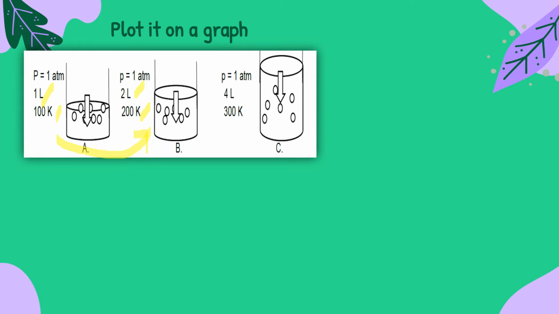Then another change happens for them to have 4 liters of volume and 300 Kelvin. The gas in the cylinder experiences a change in its volume and temperature while the pressure remains constant, or does not change.